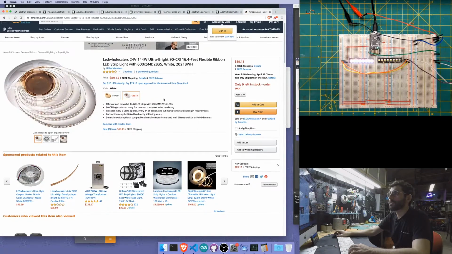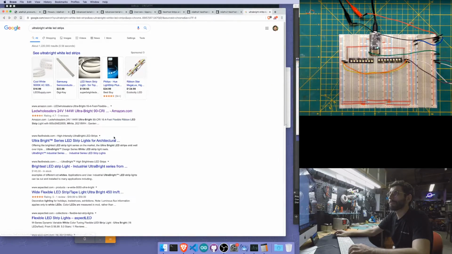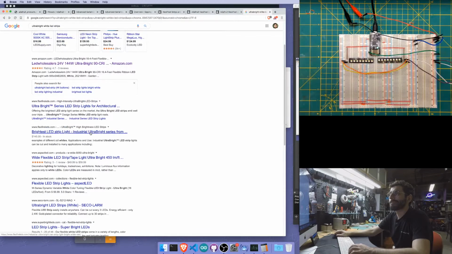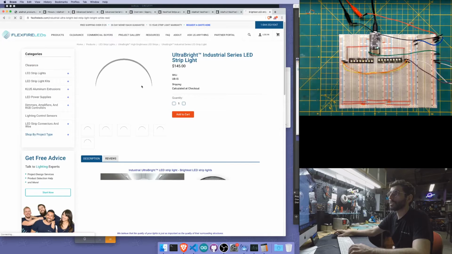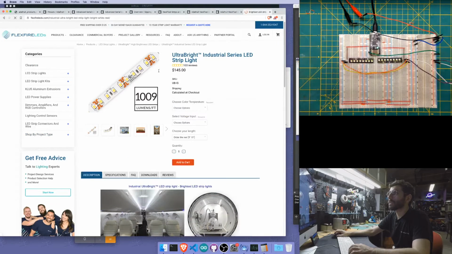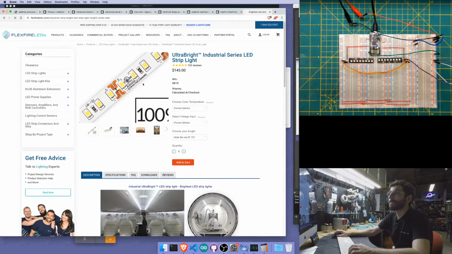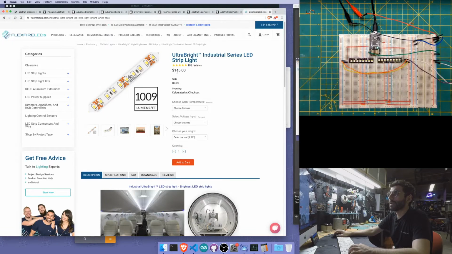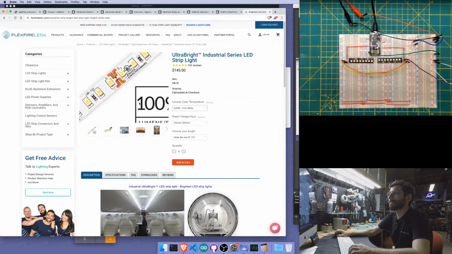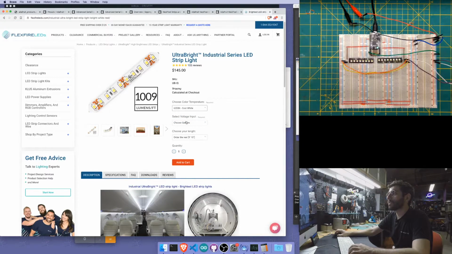And the power draw on them, right? But this one is the brightest LED strip. It must be the brightest, it says so. Yeah, $145, right? A 1,000 lumens per foot.